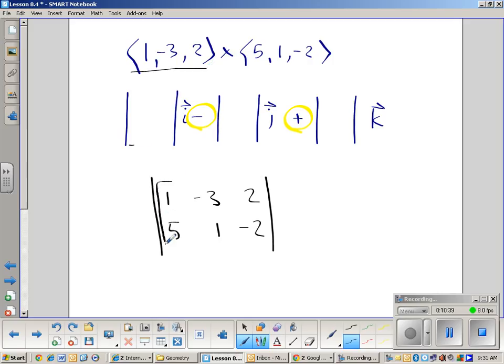We eliminate column 1, and we write the rest of that matrix down. So it's negative 3, 2, 1, negative 2. And then to go to the next one, what do we eliminate? Column 2. We eliminate this column. So we get 1, 2, 5, negative 2.